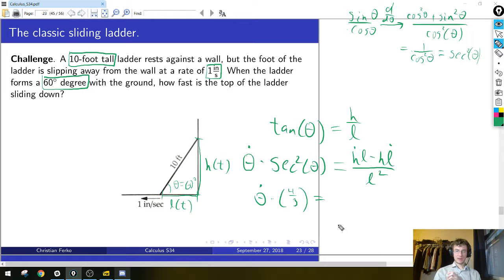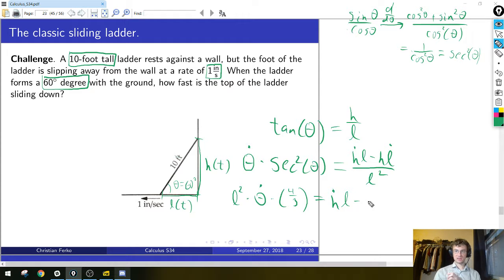I'm going to multiply both sides by L squared because that's easy. L is just 10 feet, so that's not a big deal. H dot, what's H dot? That's what we're trying to solve for, because H dot is how fast the top of the ladder is sliding down. So H dot is what we want. We know what L is.